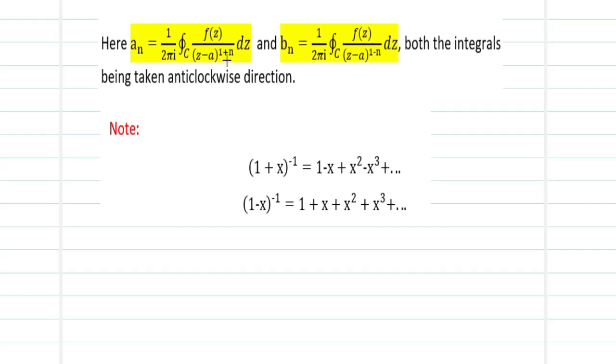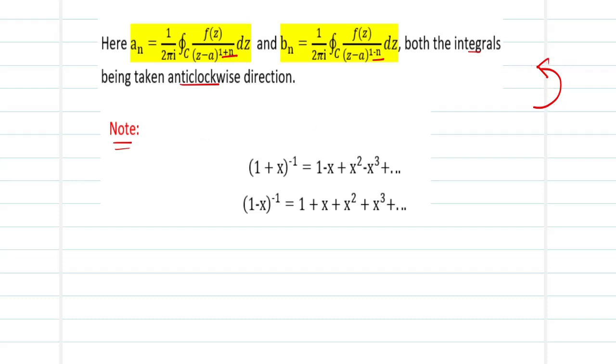Notice the change: an has 1 plus n, and bn has 1 minus n. So this generates positive powers, this generates negative powers, and the integral is taken in the anti-clockwise direction. The curve is measured in the anti-clockwise direction.